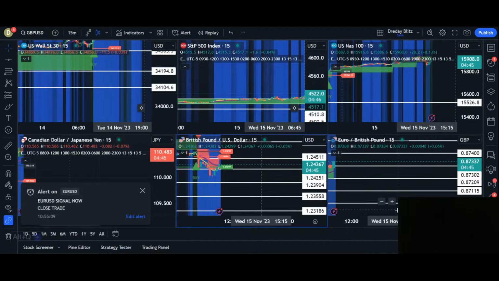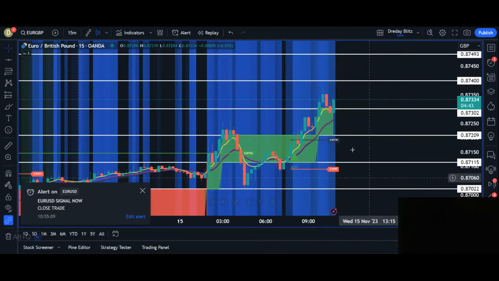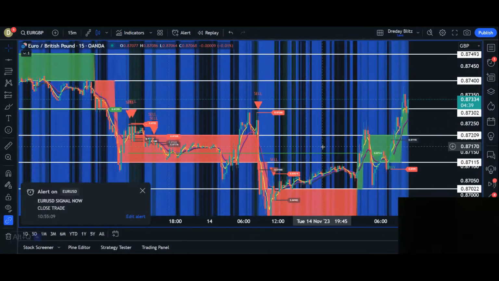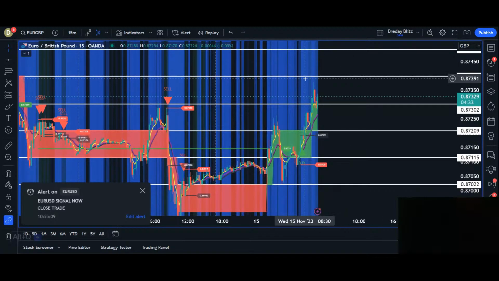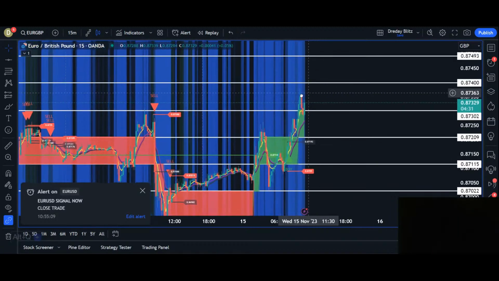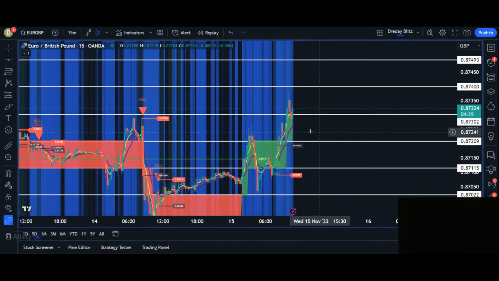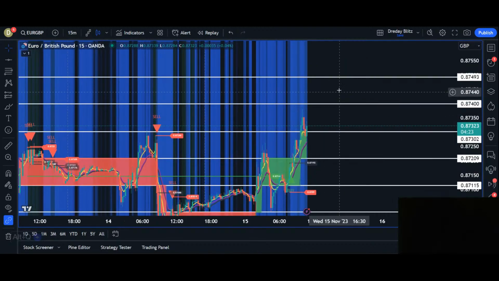Euro USD closed the trade, so I'm just going to go on Euro GBP. So Euro GBP going long, still going long right now. So the next point of interest here is this price point, and unless it's going to reverse, it's going to reverse in that region here. But right now we're still looking for long.